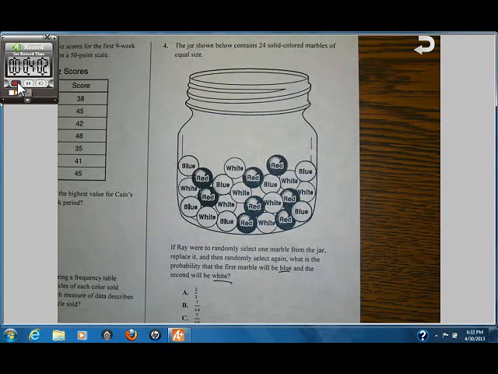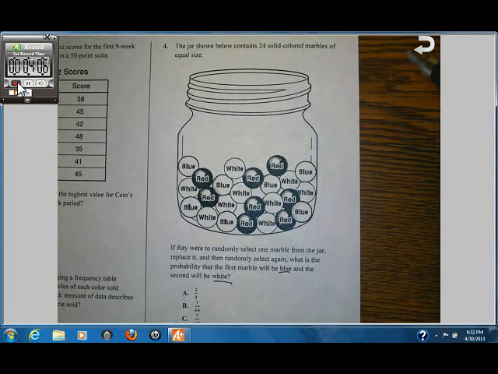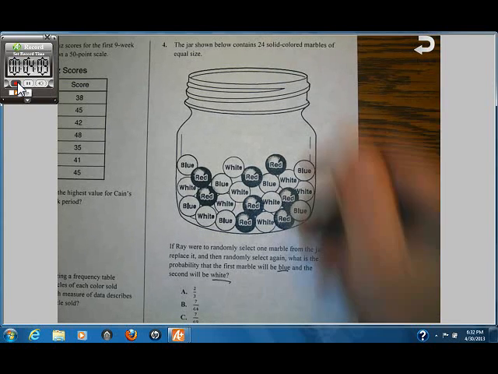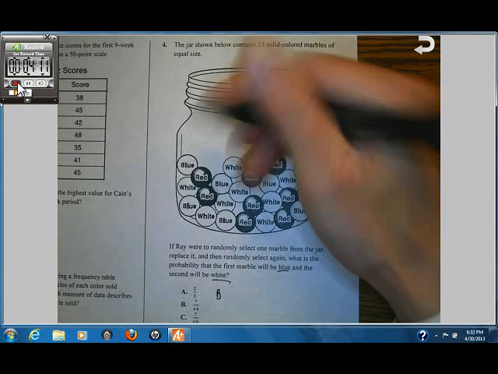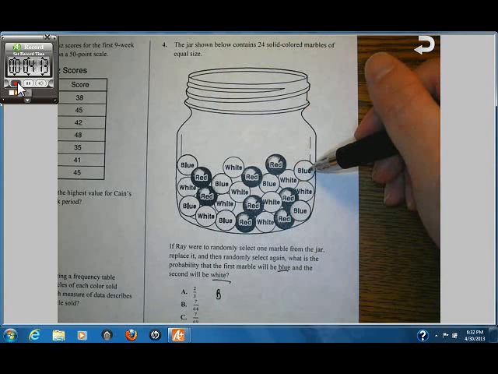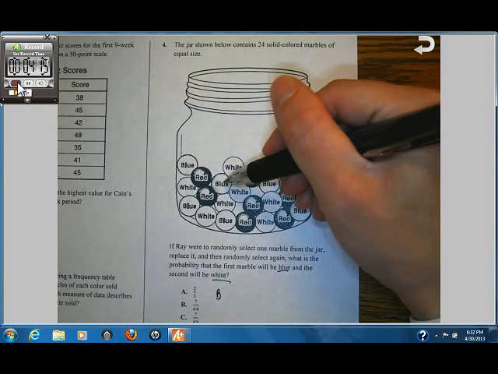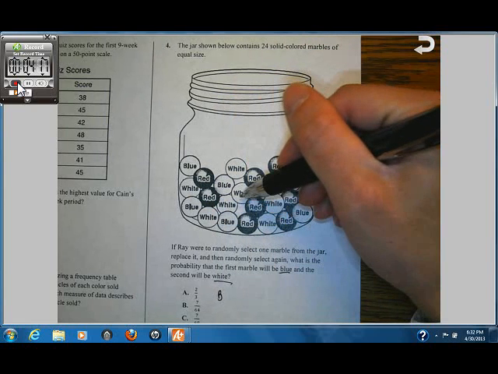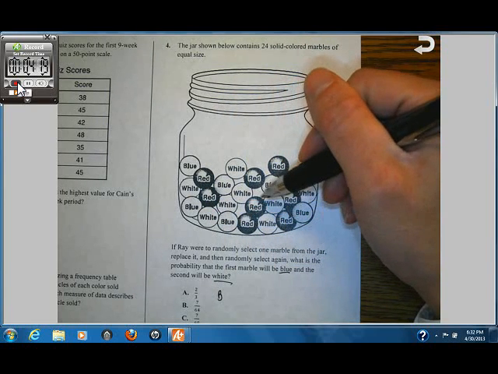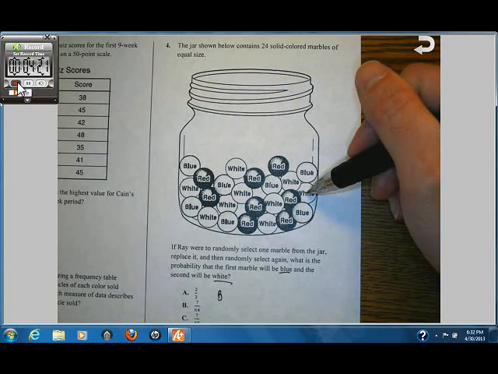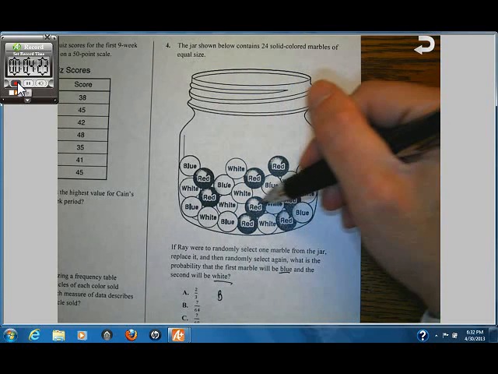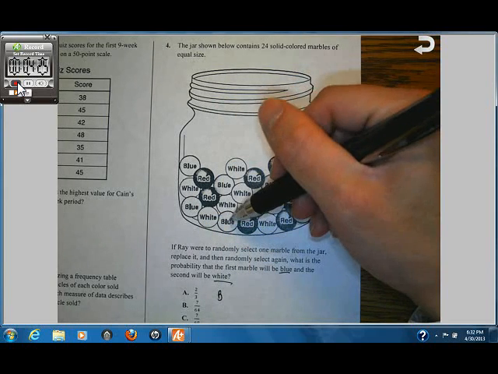So this is kind of annoying, but you have to count it by hand, which takes a little bit of time, but you got to be consistent. So let's do the blue count. We've got 1, 2, 3, 4, 5, 6, 7.